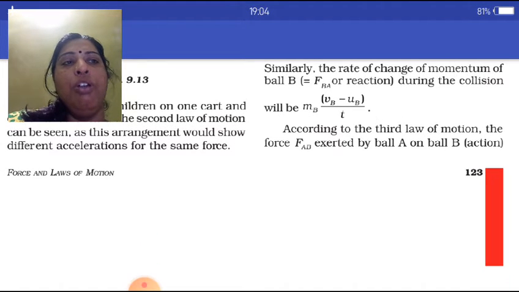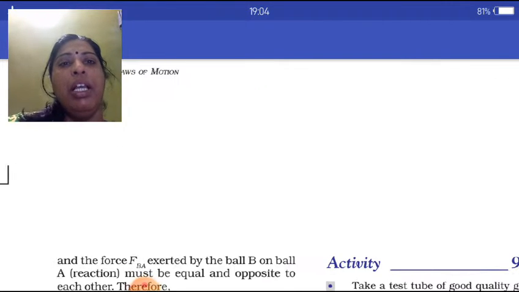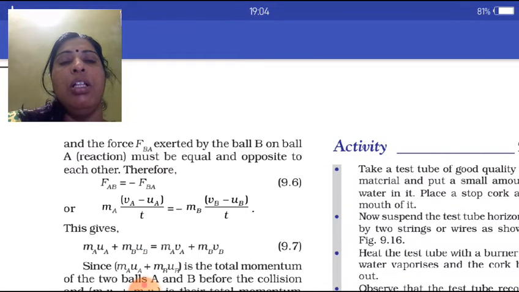According to the third law of motion, the force FAB exerted by ball A on ball B, the action, and the force FBA exerted by ball B on ball A, the reaction, must be equal and opposite to each other. Therefore, FAB is equal to minus FBA.